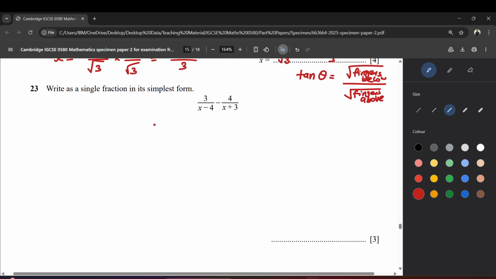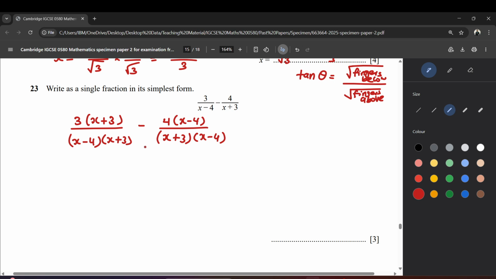Question number 23. Write as a single fraction in its simplest form: 3 upon x minus 4 minus 4 upon x plus 3. First of all, I'm going to multiply them. The first fraction will be multiplied by x plus 3, and the second fraction will be multiplied by x minus 4, both top and bottom. Now, when it comes to the denominator, do not expand the bracket. Just keep it in this form for now.